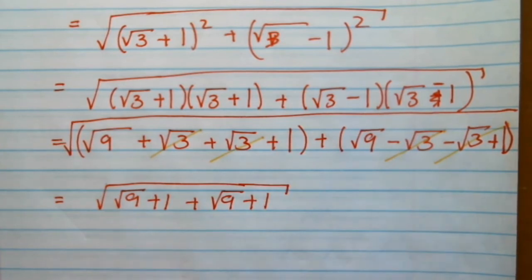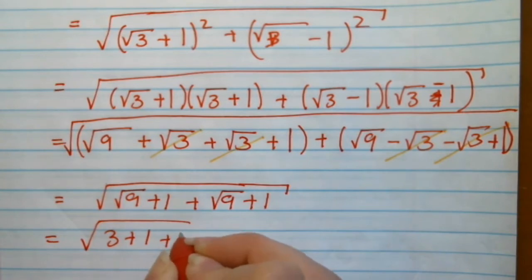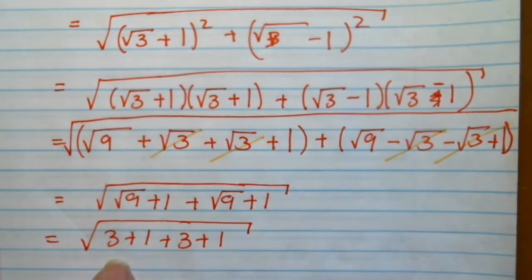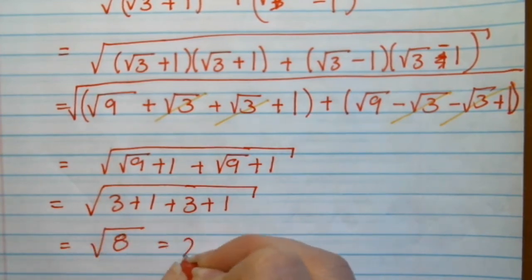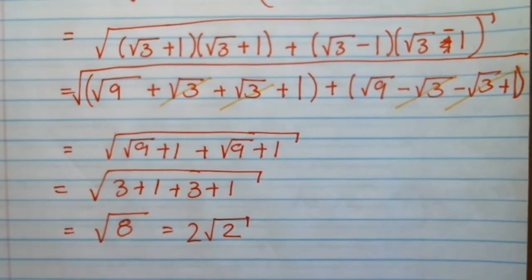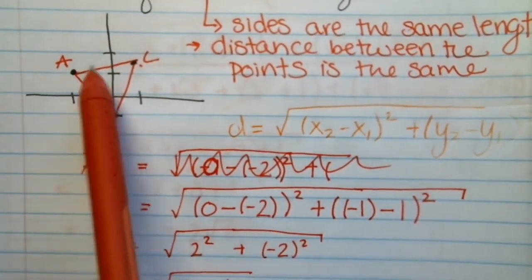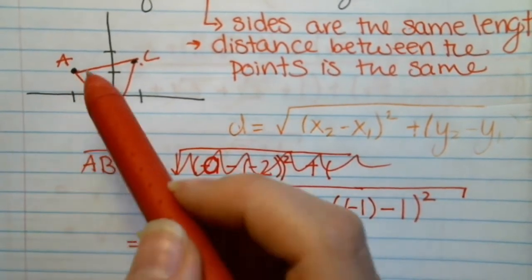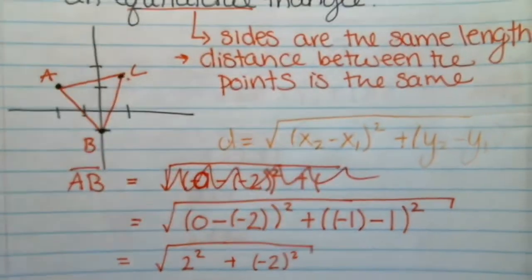Now root 9 is 3, so I have 4 plus 4, or root 8, which is 2 root 2. So exactly the same as the previous side. So we can see that at least these two side lengths, AB and AC, are the same length. Now we just need to check that this side, BC, is the same length.